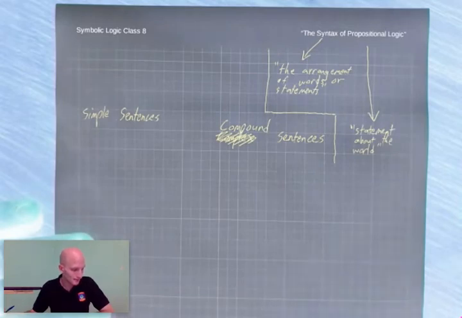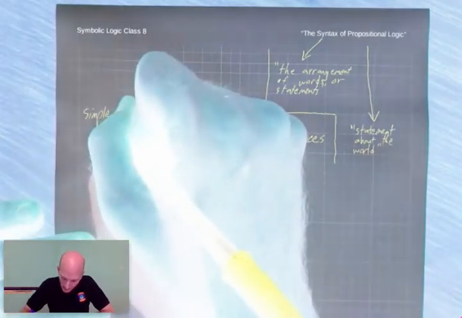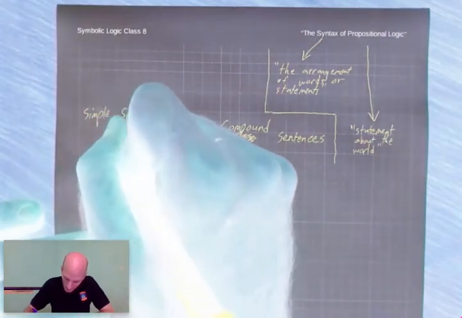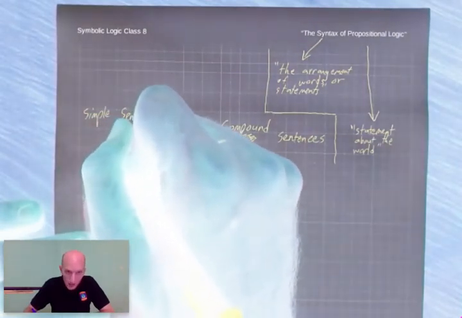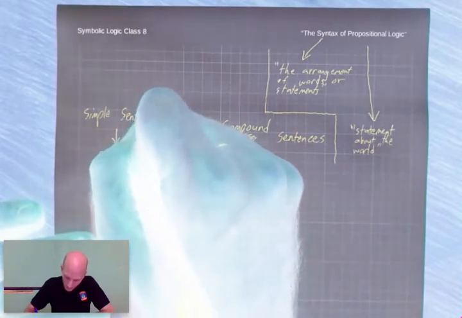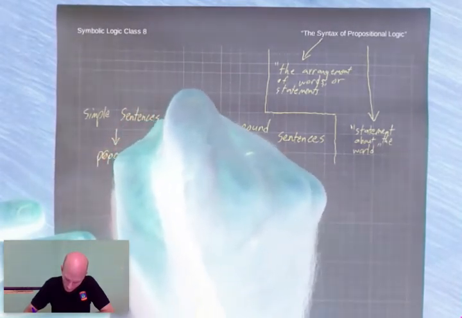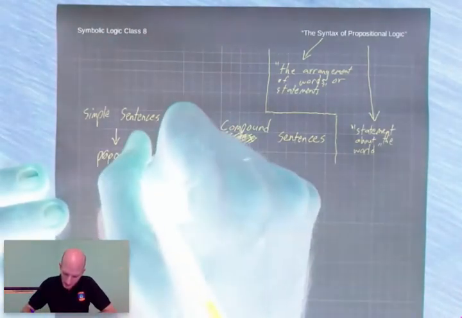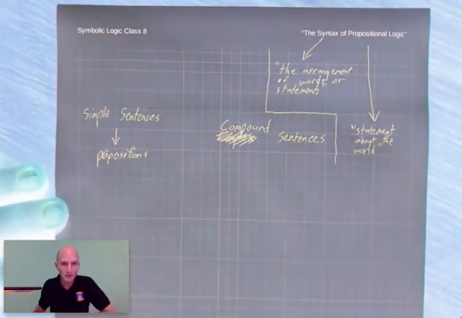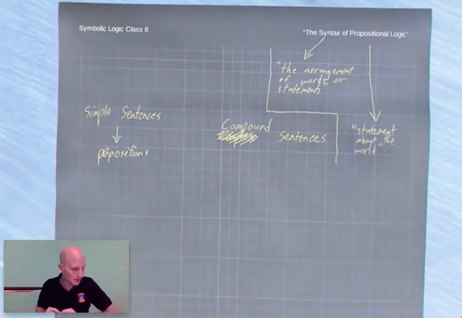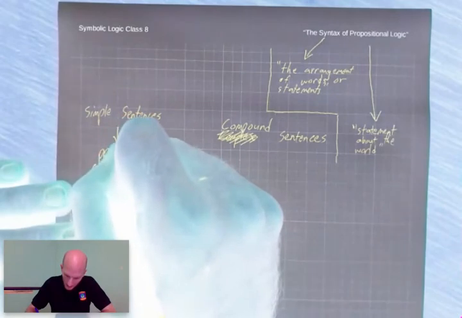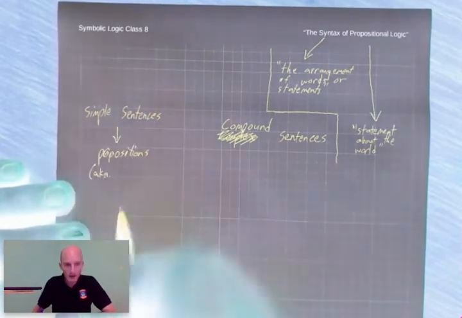So simple sentences are propositions. Now, there's another way to say proposition, and that is, AKA, you know what AKA means, right?